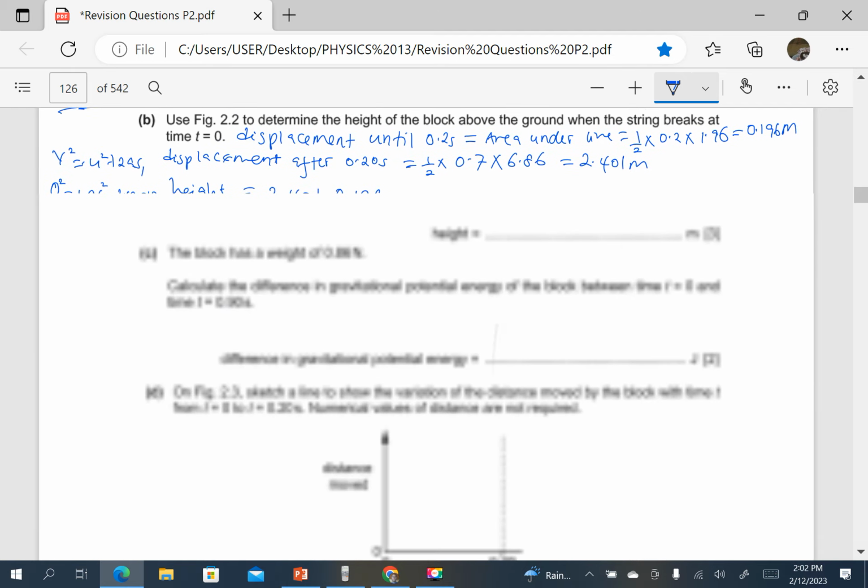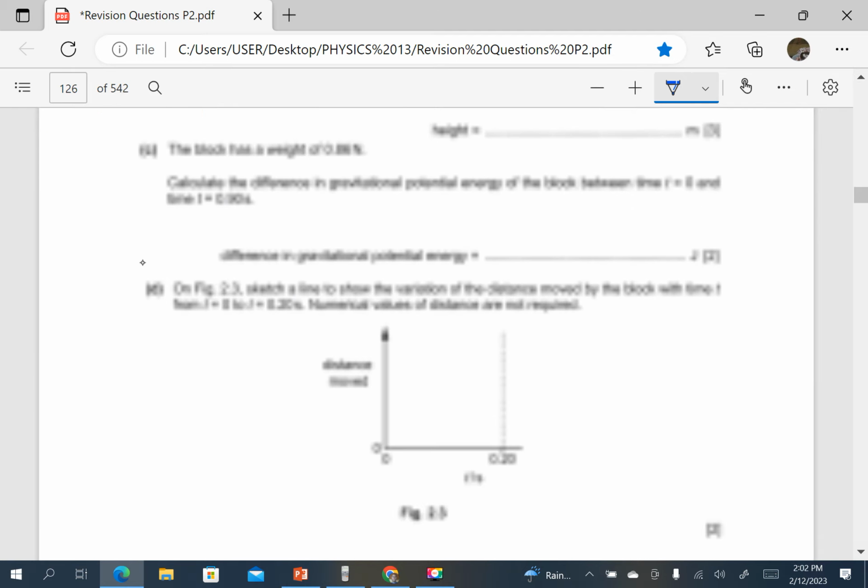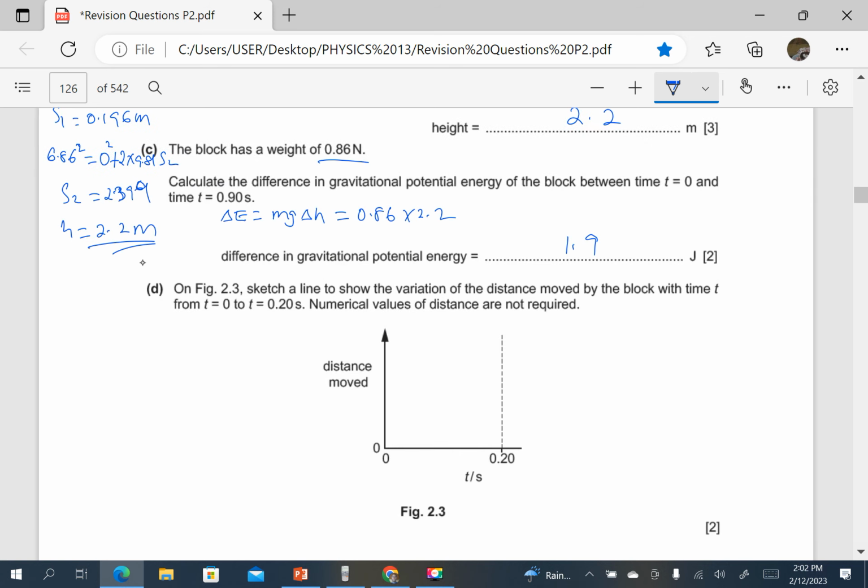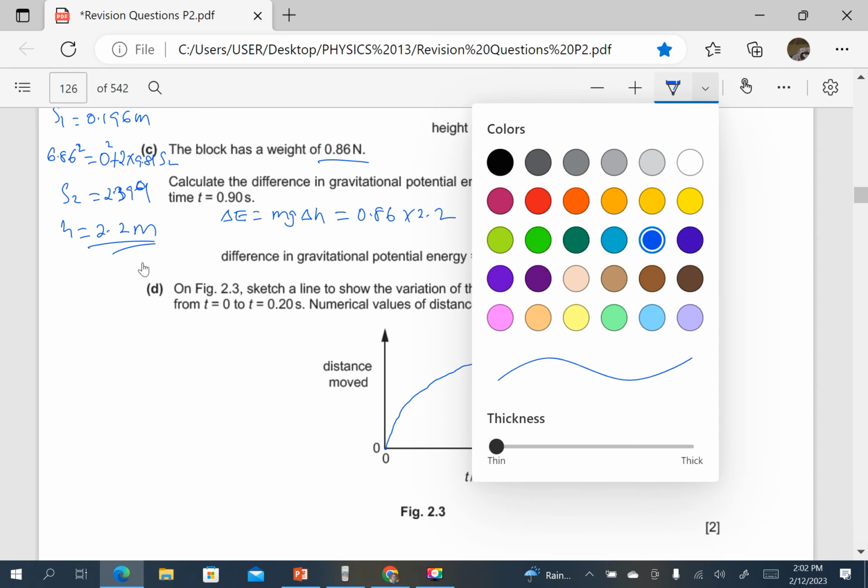Therefore, that is very easy to sketch. We shall start with some gradient, which then starts decreasing because the speed decreases, and it becomes horizontal at 0.2 because at 0.2 the gradient must be 0 since the speed reaches 0.